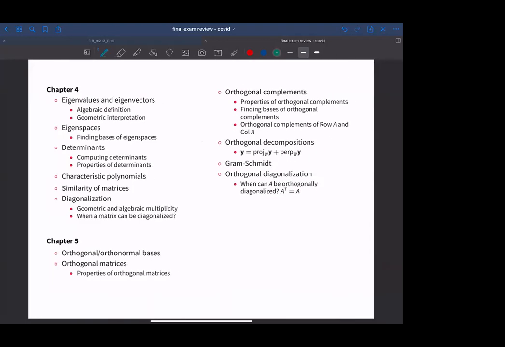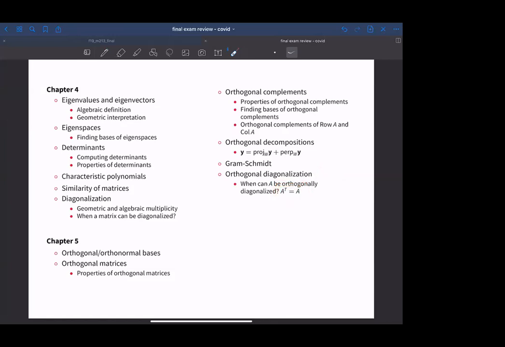We talked about orthogonal diagonalization. Now, remember, if you want to know whether a matrix is orthogonally diagonalizable, you don't have to check the same things. If you care about regular diagonalization, then remember you have to check the algebraic and the geometric multiplicity. But if you just care about whether it's orthogonally diagonalizable, there's a lot less work you have to do. The only thing you have to do is check whether A transpose is equal to A, okay?